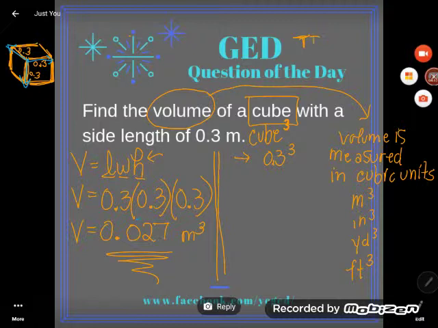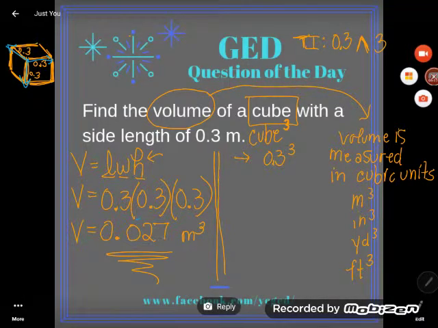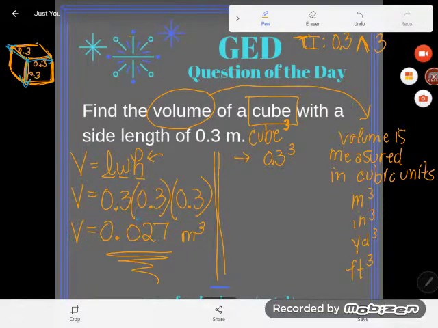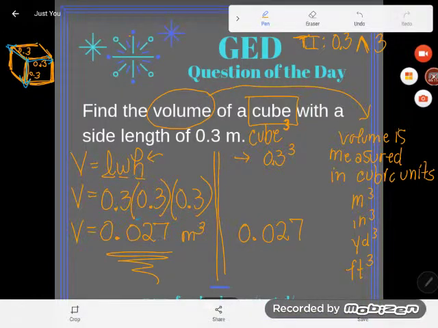In your TI, you would type 0.3, and then to raise it to the third power, you would hit the little caret button. It looks like a little upward arrow to get into the sky, and then you type 3 for the third power and press enter. And something interesting happens. You're going to see yourself getting the same answer. Why is that? And that's what I wanted to talk to you about, why that little floating 3 is called a cube.